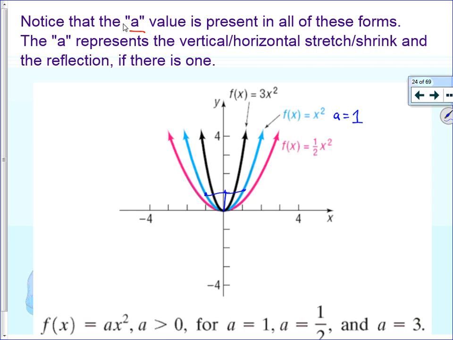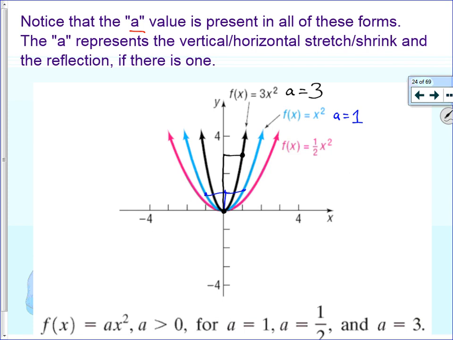And that makes it a skinnier parabola because it is stretched vertically by a factor of 3, because you're multiplying by 3 on the outside of that parabola. That's what makes it skinnier. So to graph this parabola from my vertex, I go up 3 and over 1, and that gives me 2 other points that my parabola travels through.